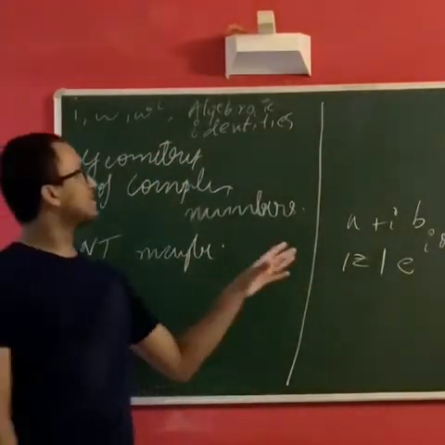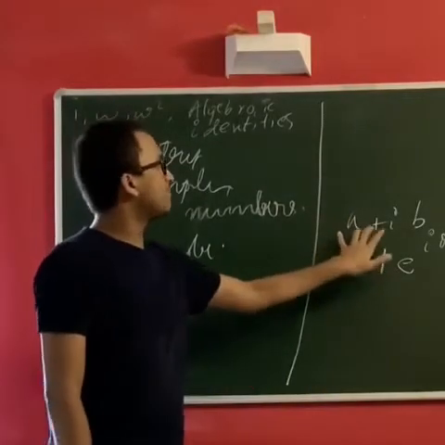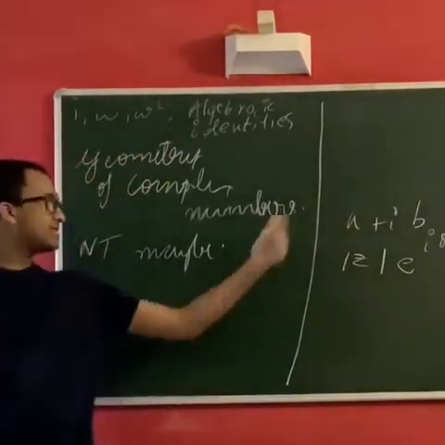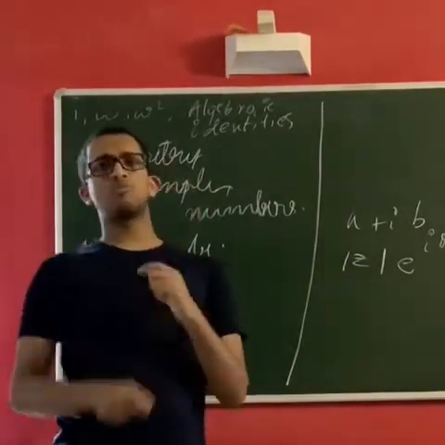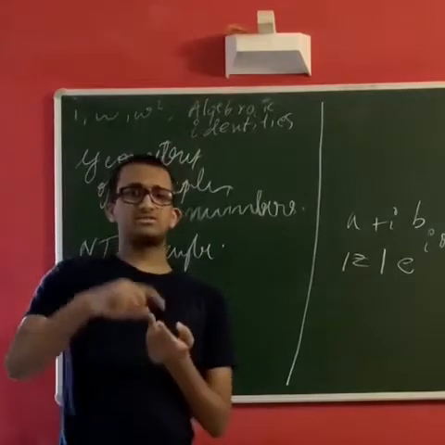Then I defined complex numbers using this a plus ib representation, where a and b are reals. We defined some operations, addition and multiplication.